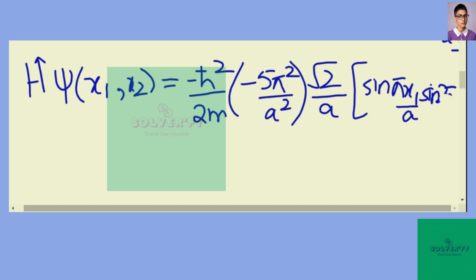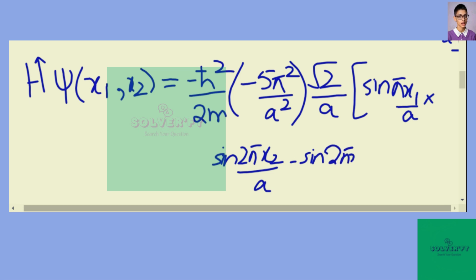Let me write it in the next line because there is not much space.